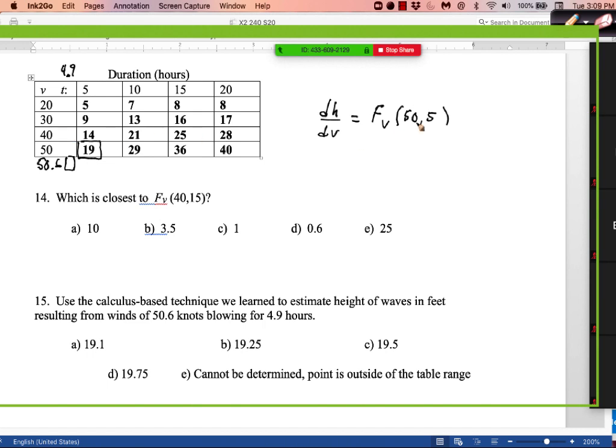That's going to be about what? For a change in V of 10, we get a change in speed of 5, so it's going to be 1/2.